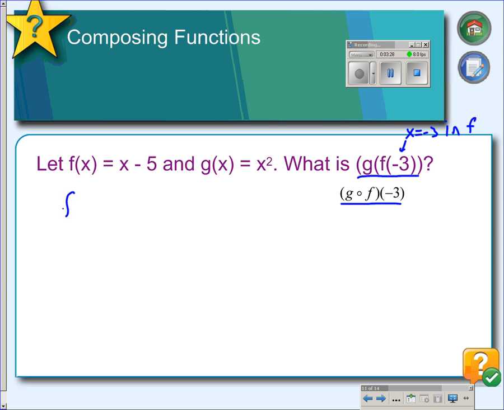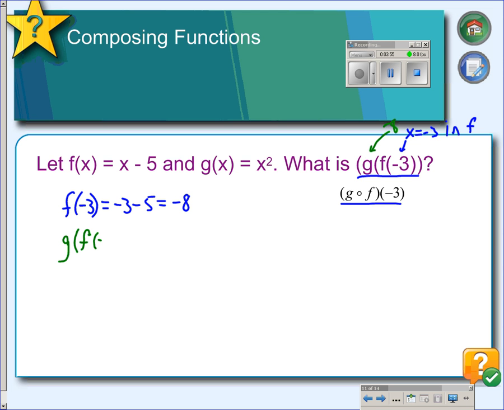So when x is negative 3, we have negative 3 minus 5, which is negative 8. Then we take that answer, negative 8, the answer for f, and put it into the g function. So since the answer to f of negative 3 is negative 8, we put negative 8 in for the g function.